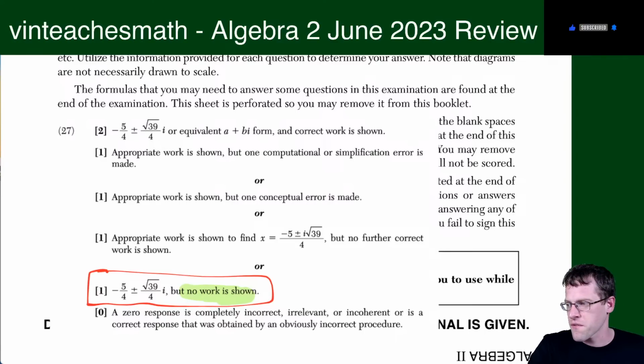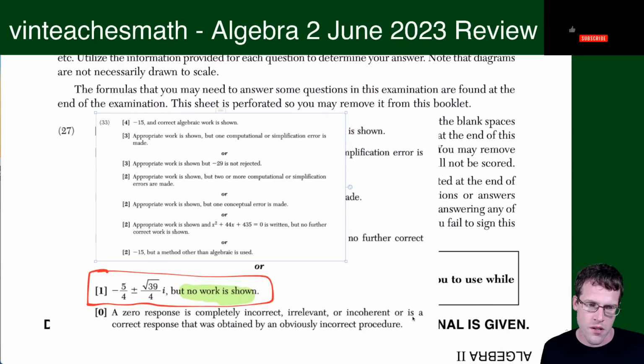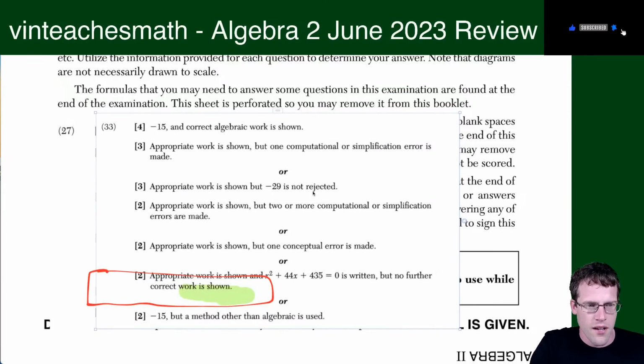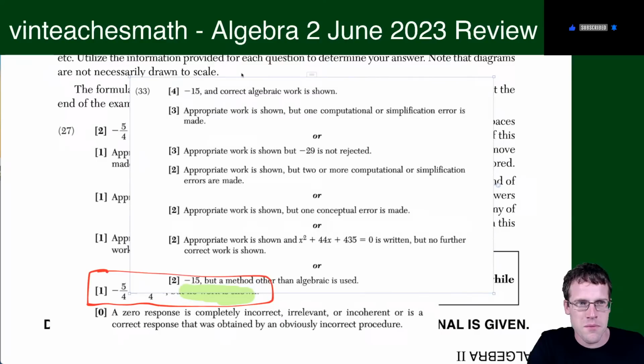If it's a 4-point question, let me look for one. Oh, here we go, something like question 33. This is even cooler. On the 4-point questions, let's say they say, do algebra, and you say, no, thank you, I don't want to do algebra, even though you're at the Algebra Regents.